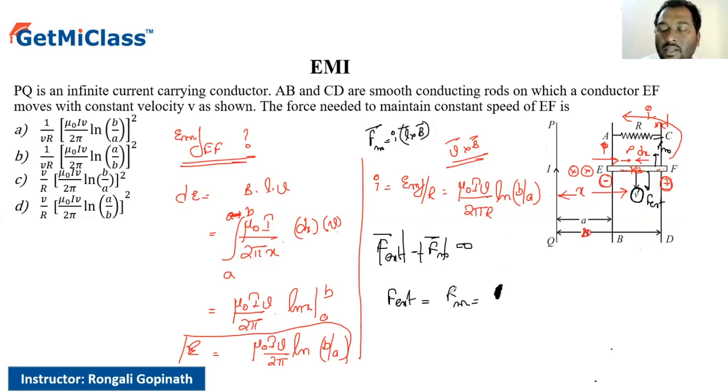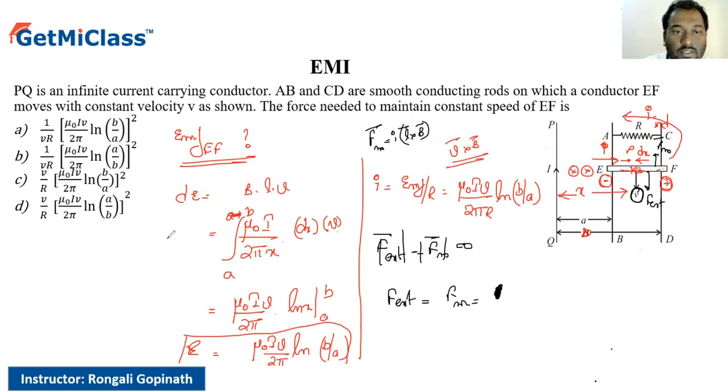Again, this force is also not a constant force, it's a variable force. Why? The magnetic field at different locations on the rod is different, right? So the total force is what we have to calculate over here. Let's do that over here. Again, taking a small element at a distance x, we'll calculate the force there and then we'll integrate it.